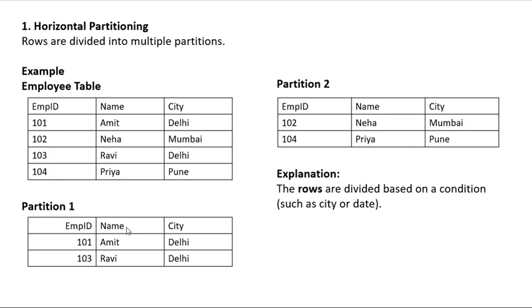Partition 1 shows only the city equal to Delhi, so the employee IDs, names, and cities of all the employees who live in Delhi. Partition 2 shows all the other cities. The explanation: rows are divided based on a condition such as city or date.